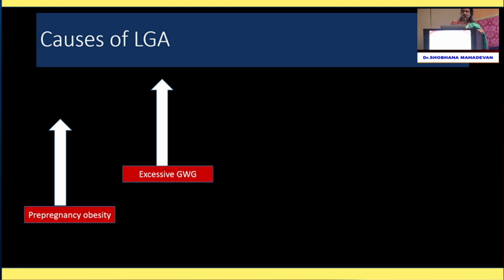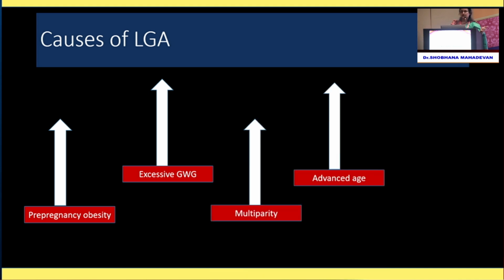And we all know that very early exposure to high sugars or early gestational weight gain makes a baby more prone to have LGA. But even if we intervene later on in pregnancy, the results are not going to be that good. Multiparity and advanced maternal age. Advanced maternal age again is on the rise with more and more IVF pregnancies. And these are also the pregnancies where there is very little activity.